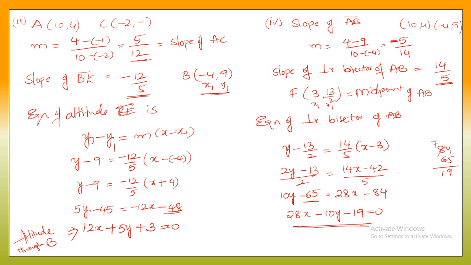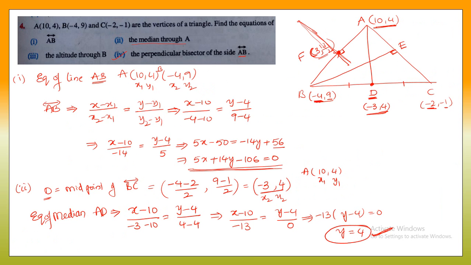So in this particular problem, we have used all the concepts, right? In the first one, directly using 2 points we found the equation of line segment AB. Next, for the median, we considered the midpoint, because the median passes through the midpoint of BC.